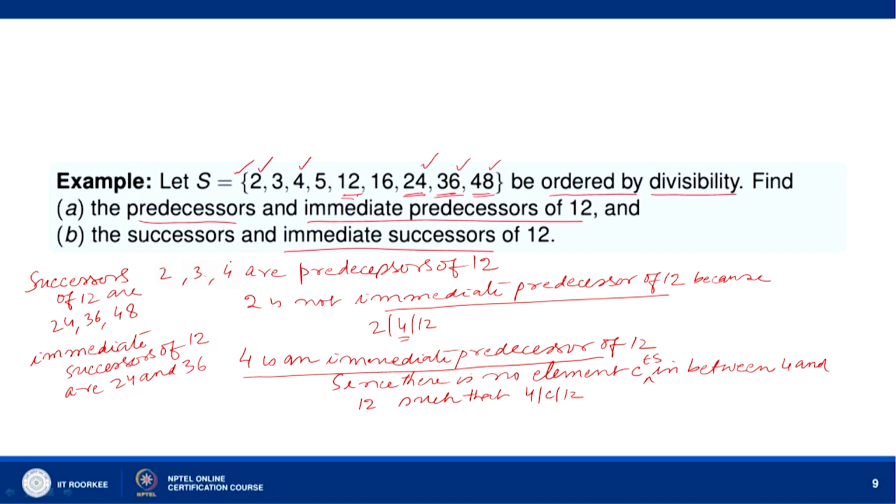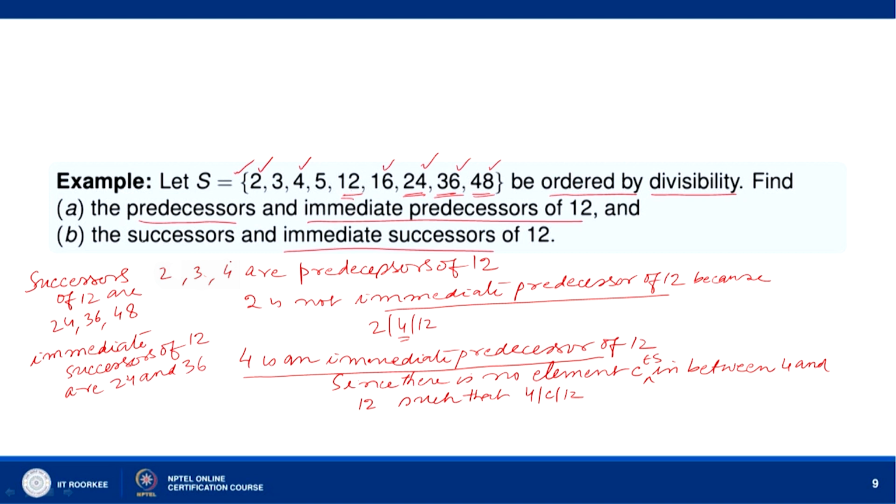because between 12 and 24, 16 is there, but 12 does not divide 16, and 16 does not divide 24. So, there is no element between 12 and 24 which is divisible by 12 and which divides 24.